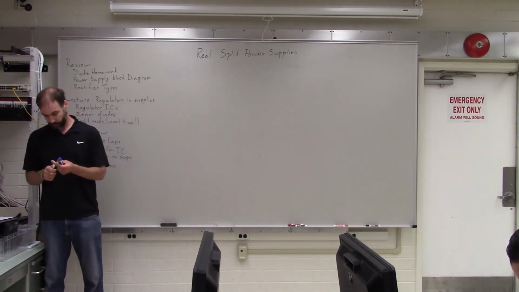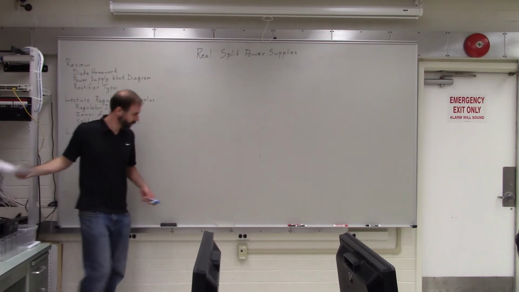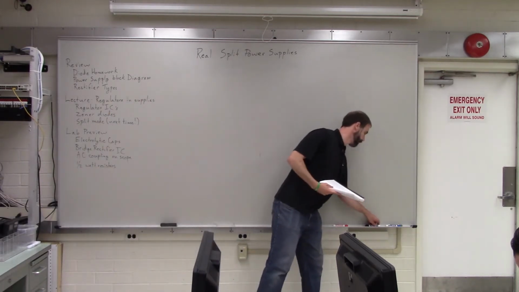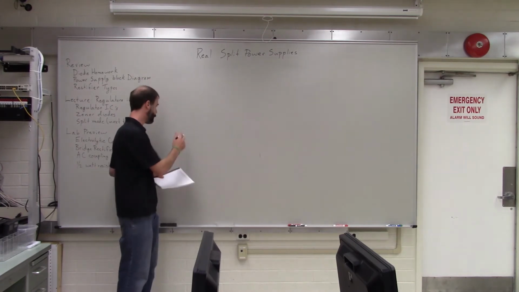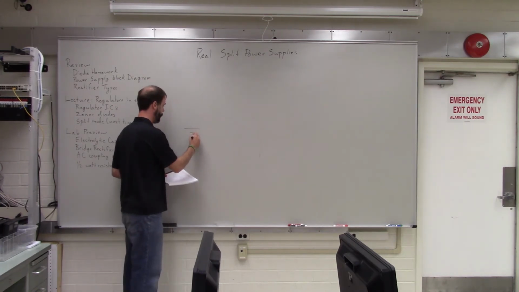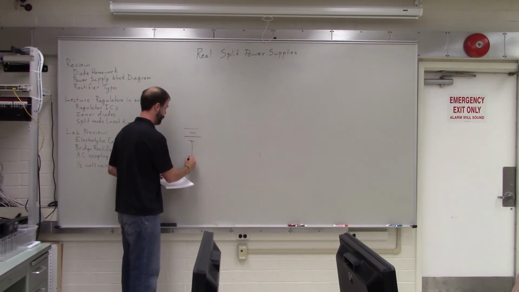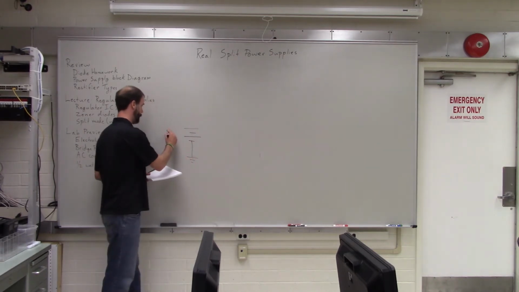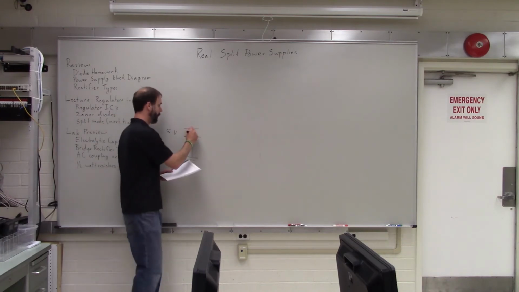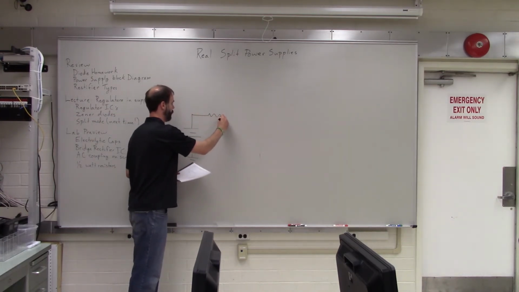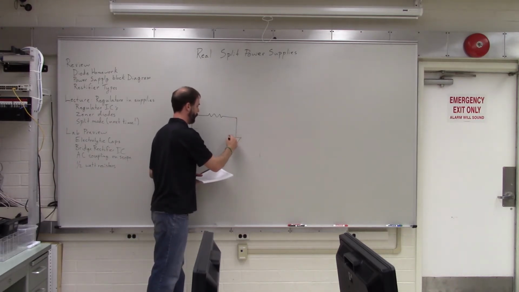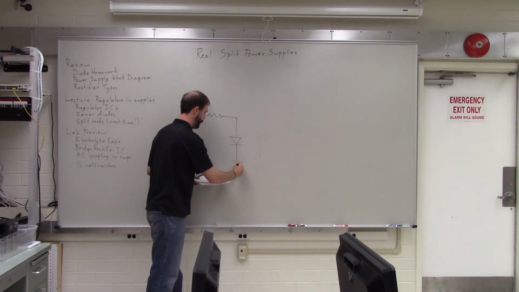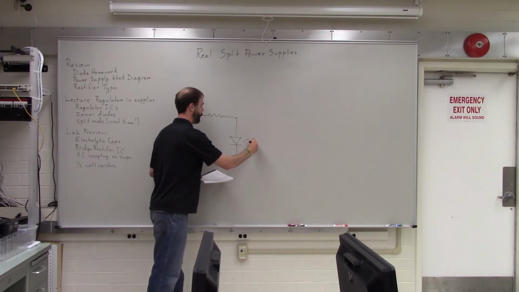So, number 11 is what I heard. We've got 5 volts this time, and then a resistor, a diode, and this is actually an LED in this case.